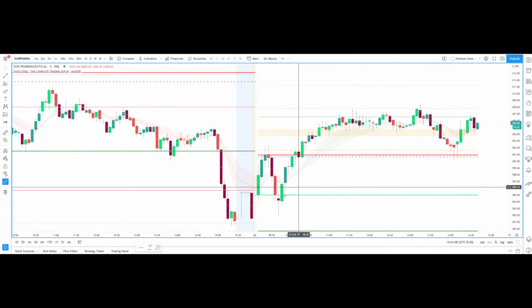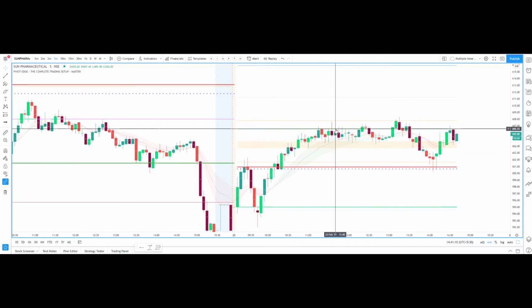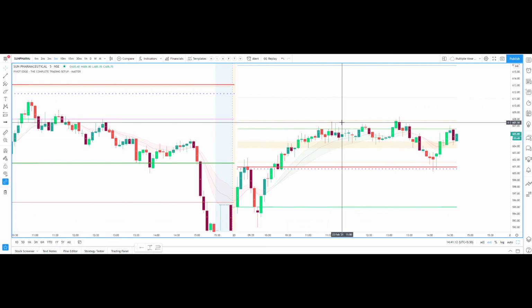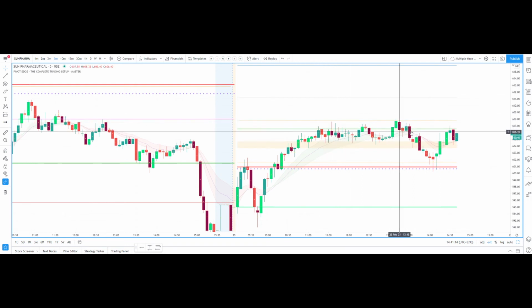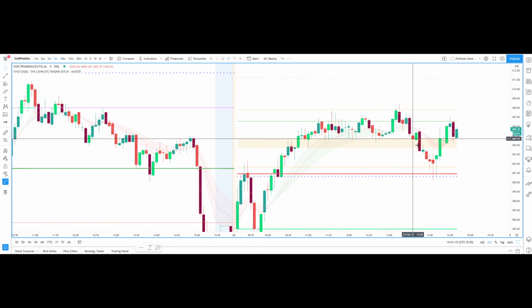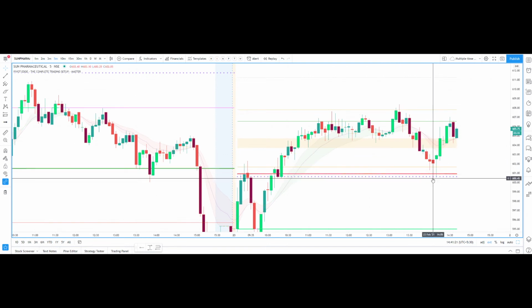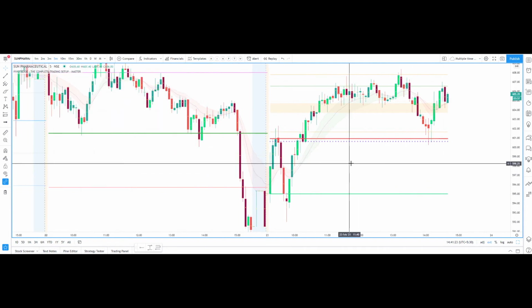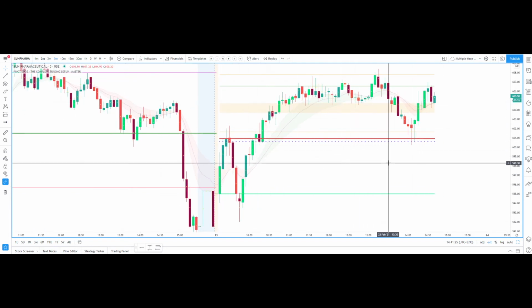After you buy here, you have got your targets up to the breakout level and also the value area high. From the value area high, again one rejection here, then target up to this resistance area again. So you can take trades in both directions.